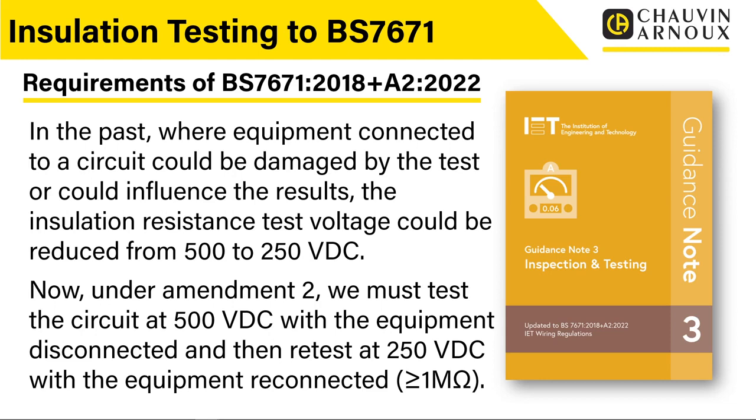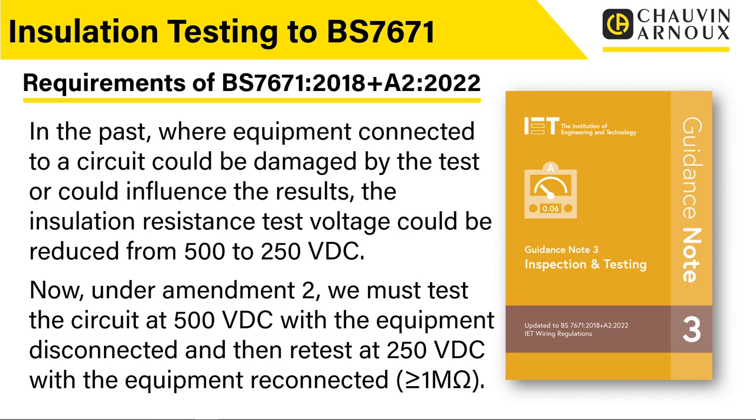Now, an important thing I've noted there on the bottom of the slide is in either case, and this was the same under the previous version of the regulations as it is now, if we tested at 500 volts or 250 volts, we still had to achieve a minimum insulation resistance value of 1 megohm or 1 million ohms.